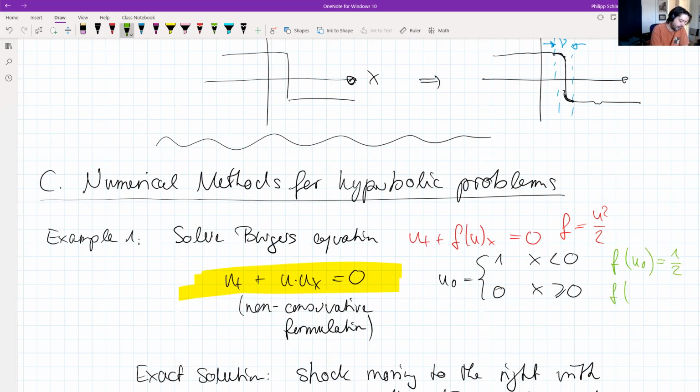And the flux on the other side would be, with u0 being 0, the flux function evaluated at 0. And of course, there is a discontinuity in f, so it goes from 1/2 to 0, and of course that gives you then a df/dx, which should be accounted for in the transport behavior of my shock.